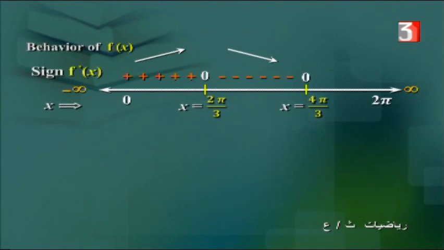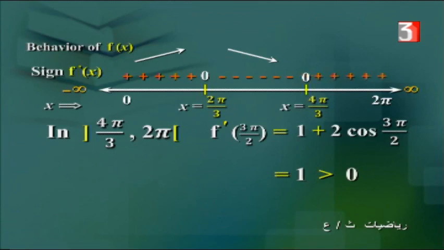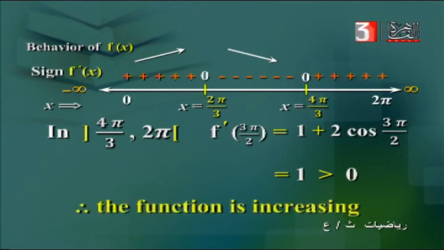Now in the open interval 4 pi over 3 and 2 pi, f dash 3 pi over 2 equals 1 plus 2 cosine 3 pi over 2 equals 1 plus 0 equals 1, bigger than 0. Then the sign of the function f dash x is positive and the function is increasing in this interval.